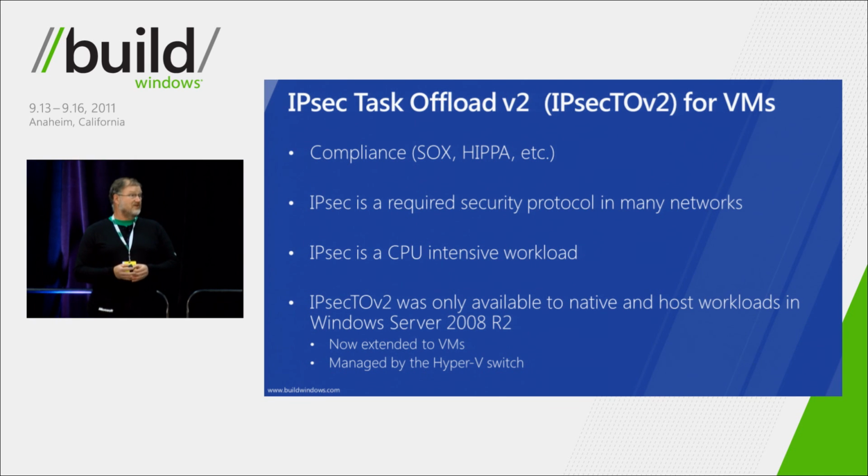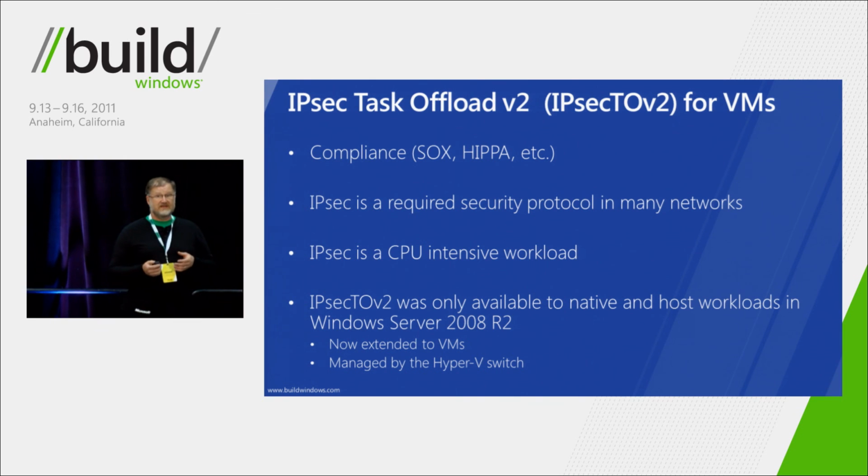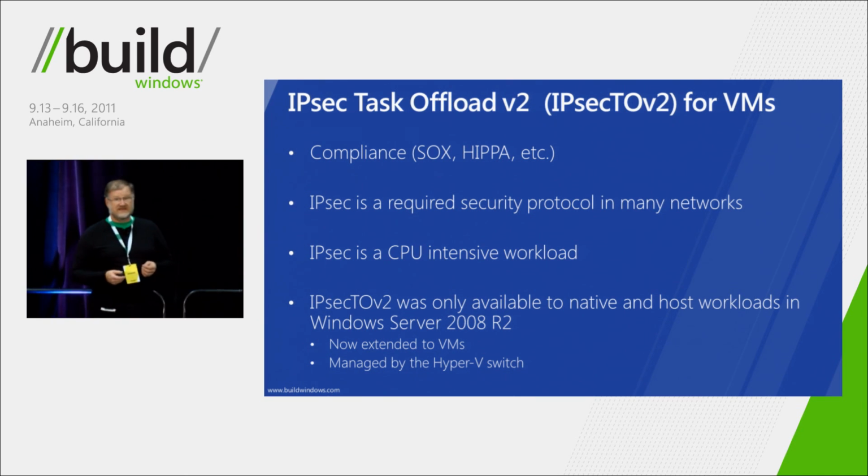We also know that like any kind of technology that does the security transformations on the data, we're going to have to get hardware support to be as quick as we really want to be. Today, there are some NICs that do IPsec task offload. We like that very much.